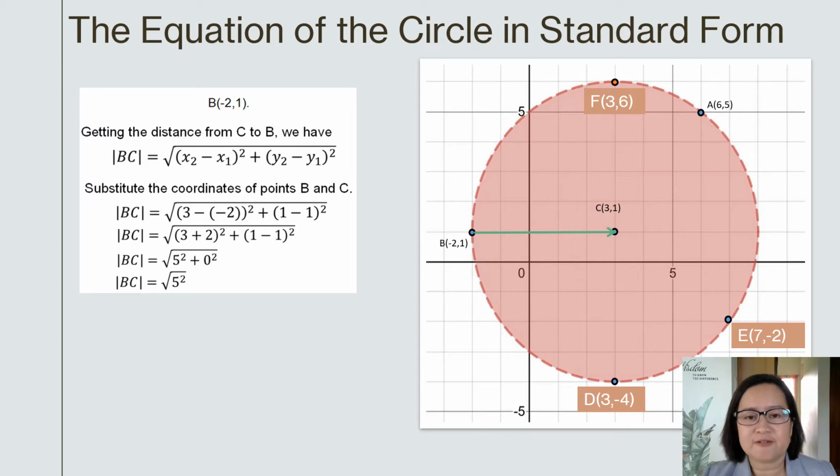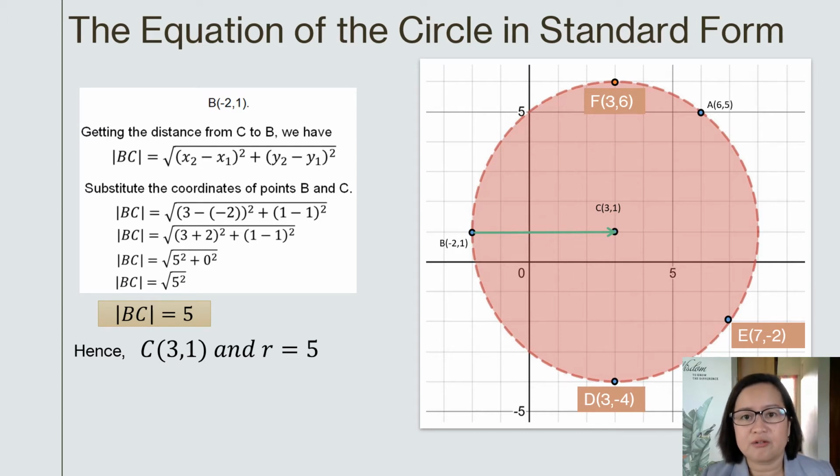Substituting the coordinates of the points B and C, we will have the square root of (3 − (−2))² + (1 − 1)². Simplifying further, we will find that the distance of C to B or B to C is equal to 5. Hence, we have center at (3, 1) and r = 5.